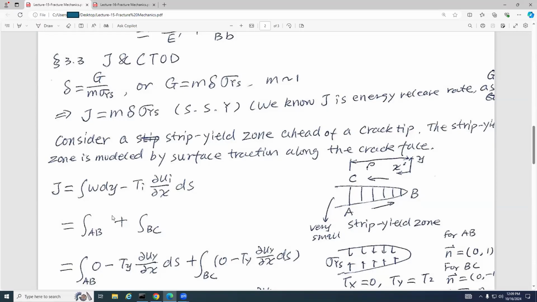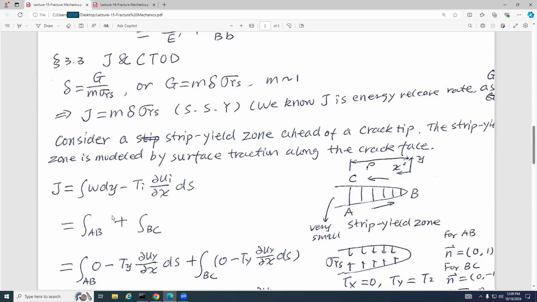Now we want to consider how we calculate the G, how we get the G value, how we express the relationship between delta and sigma ys, how we relate J with the delta and sigma ys.